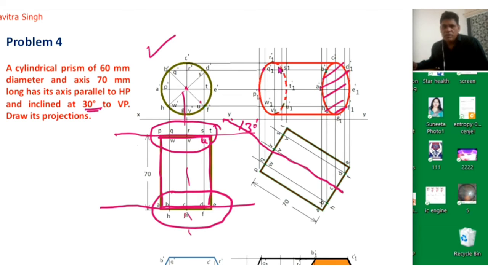Okay, so now we will connect R1 dash to V1 dash, so we will get this surface. Okay, and we have already completed the surface, and we will connect now this line and this line. So this is actually the final projection of this cylindrical prism which is inclined 30 degree with the vertical plane.